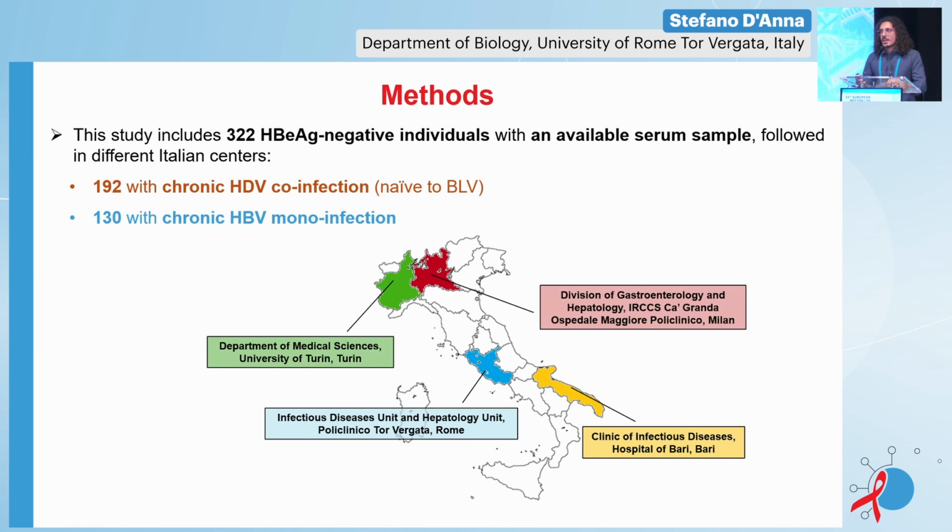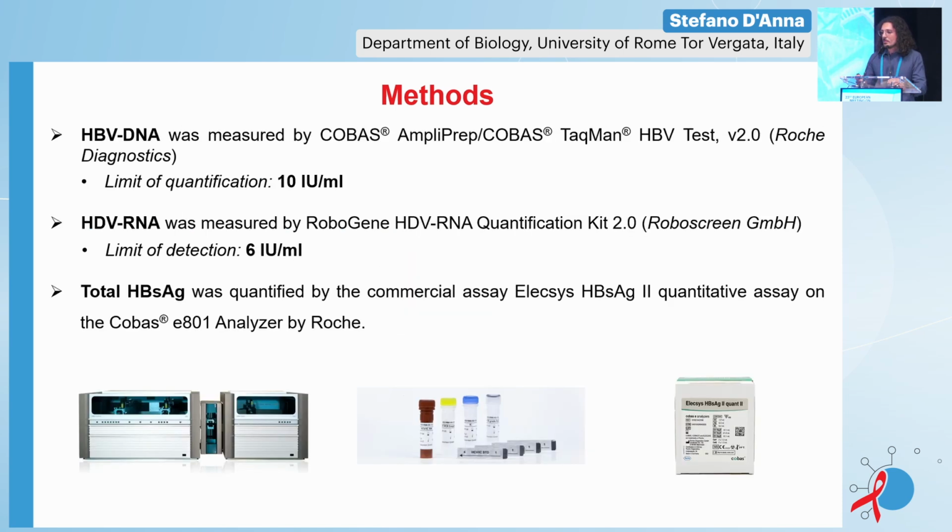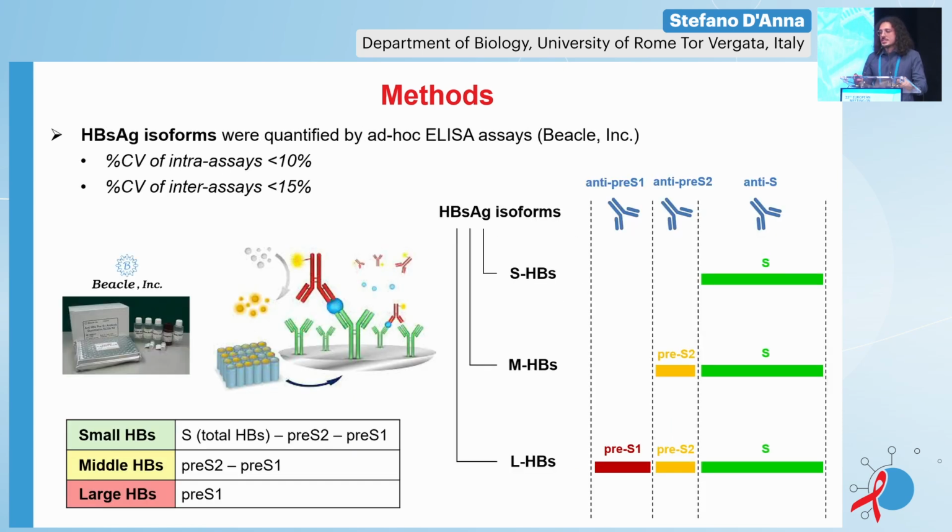To do this, we analyzed 322 serum samples from HBeAg negative individuals followed in different Italian centers, divided into 192 with chronic HDV coinfection and 130 with chronic HBV monoinfection. Classic serum viral markers such as HBV DNA, HDV RNA, and total HBsAg were quantified by classic commercially available assays, while ad hoc ELISA assays by Bickel were used for the quantification of the different HBs isoforms.